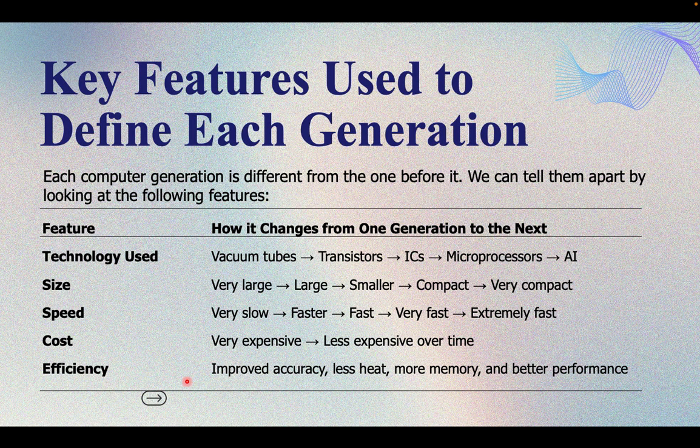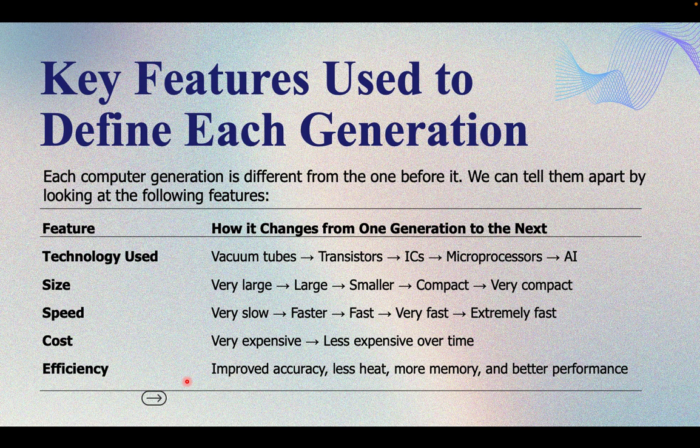Then we'll also talk about the size. We have very large systems, larger systems, smaller, compact, and very compact systems. Then we talk about the speed, the rate at which they perform their tasks when assigned. We can talk about the very fast up to the extremely fast devices. Then the cost: very expensive, then it gets less expensive over time.